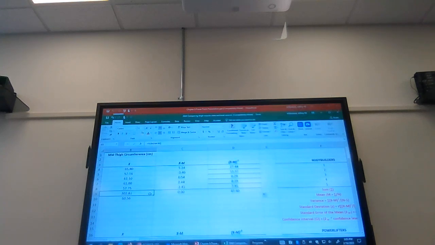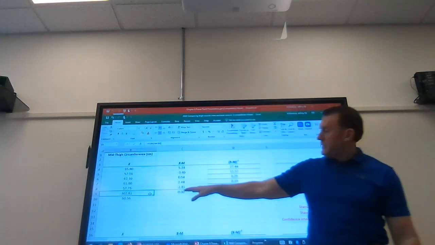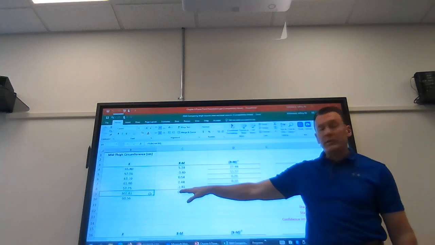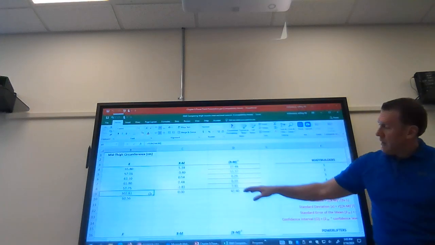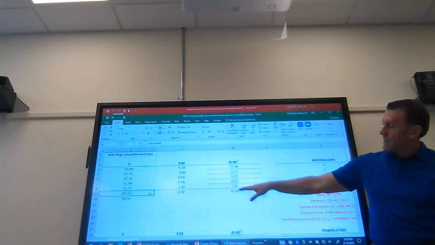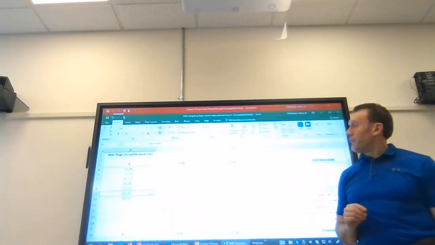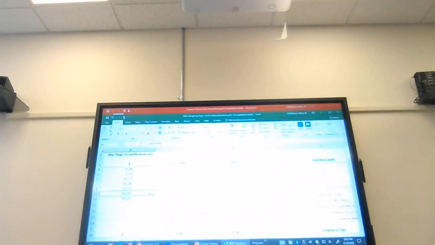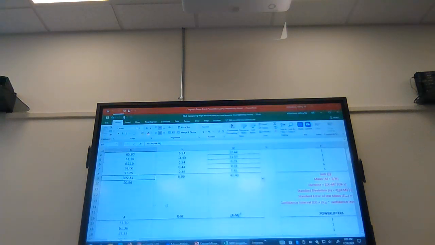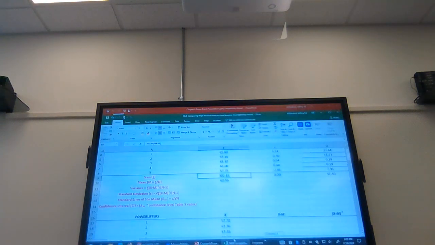You get 0 when you add up the deviations, and then you have a number here. This is the sum of the squared deviations. So 47.4 is the sum of the squared deviations. That doesn't do us much good.